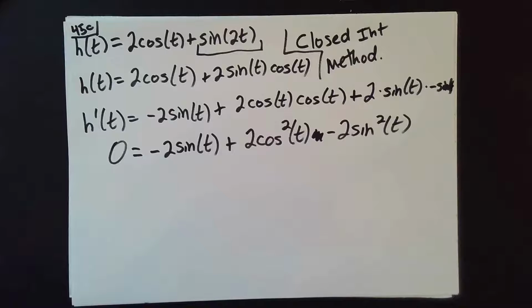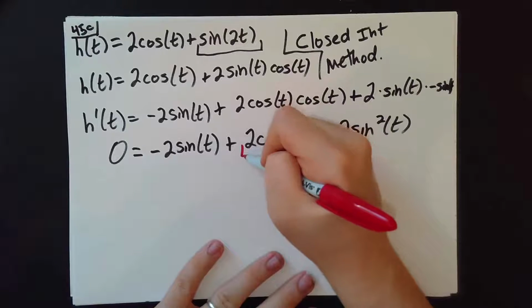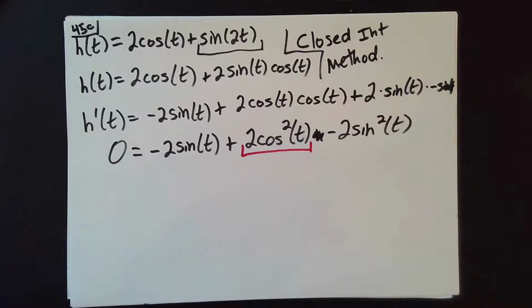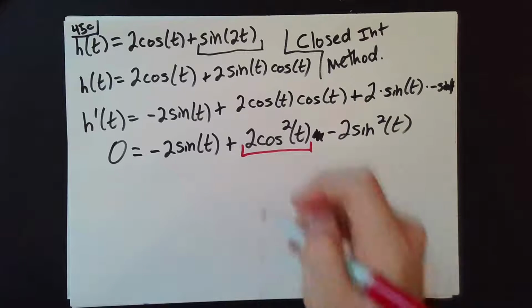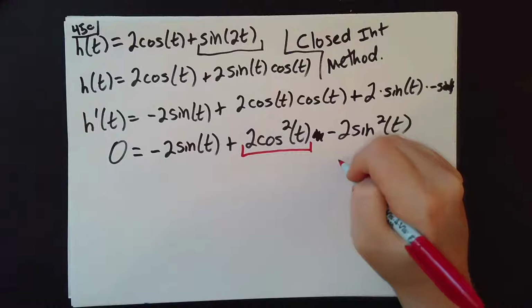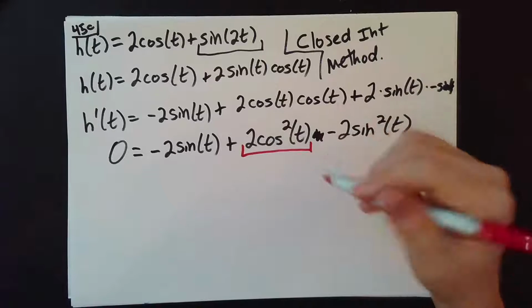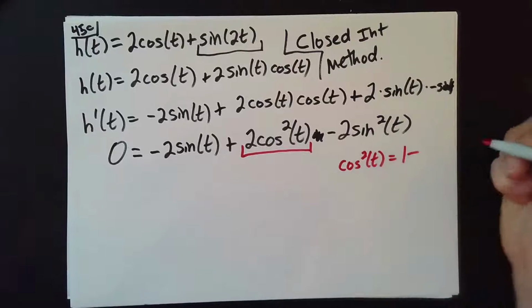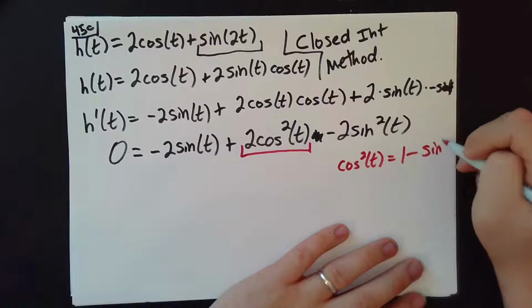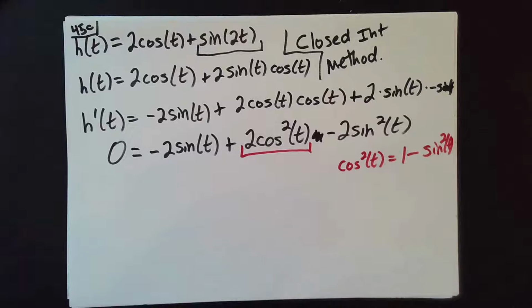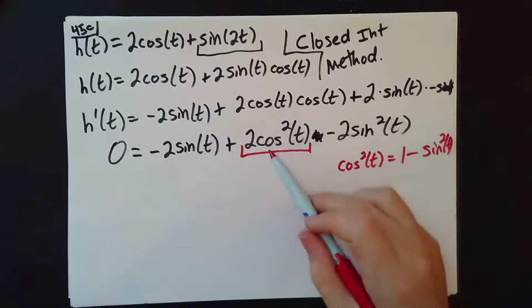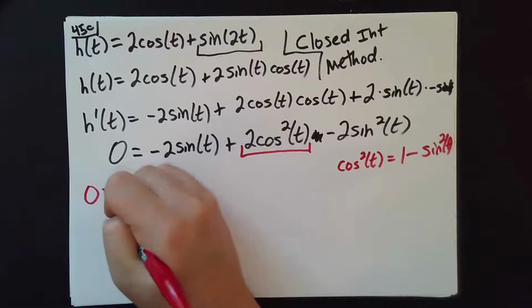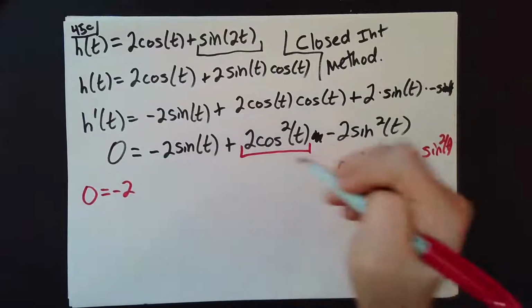So what I actually have to do is rewrite this piece in terms of sine. So namely, remember sine squared plus cosine squared is 1, so cosine squared of t is the same thing as 1 minus sine squared of t. Okay. So in other words, I can rewrite this whole equation I'm looking at like this.